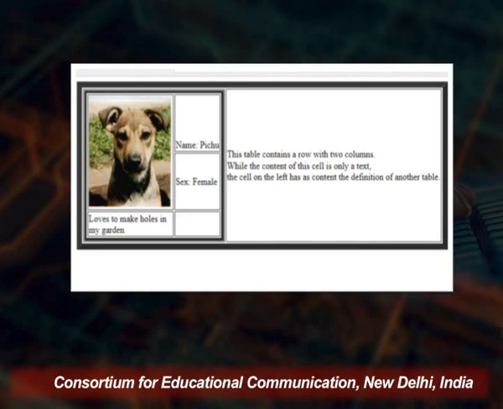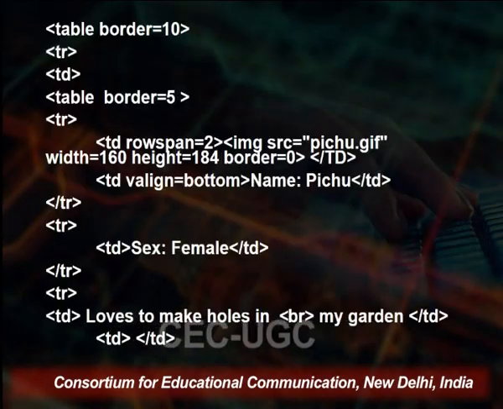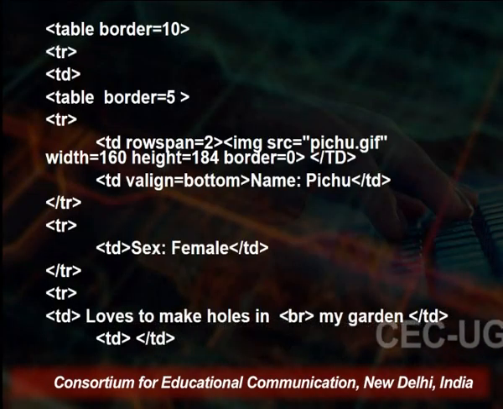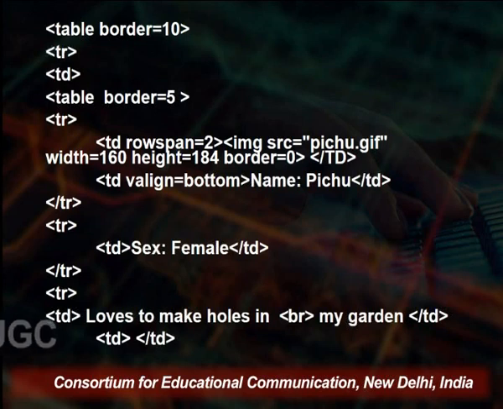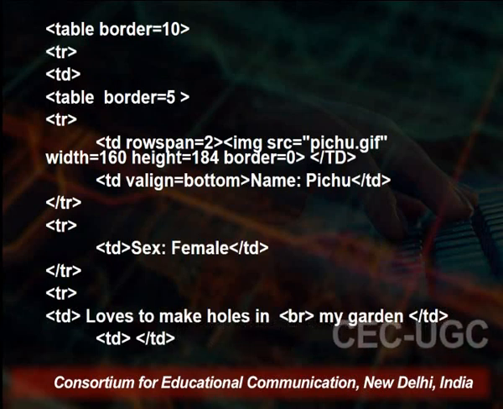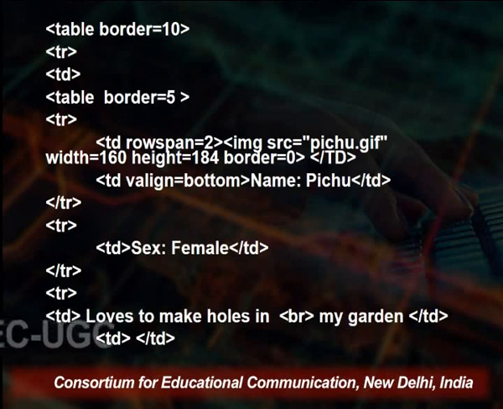This can be done using the valign attribute. The valign attribute can be specified in the TD tag, and you write TD valign is equal to top, or valign is equal to bottom, or valign is equal to middle. Accordingly you can give the vertical alignment of the contents within a cell.